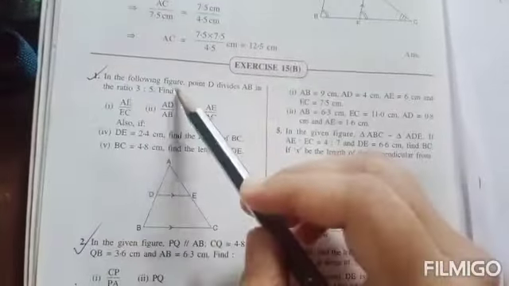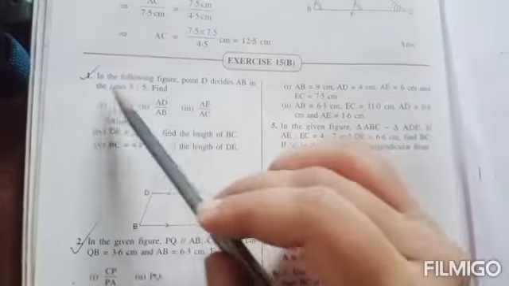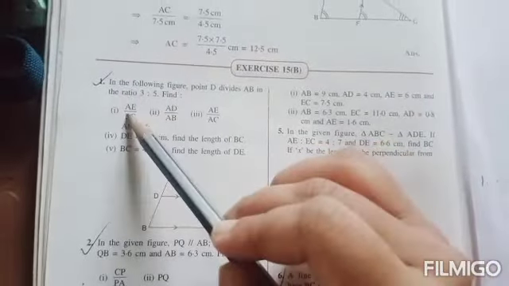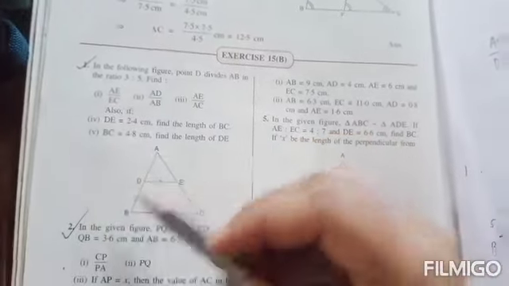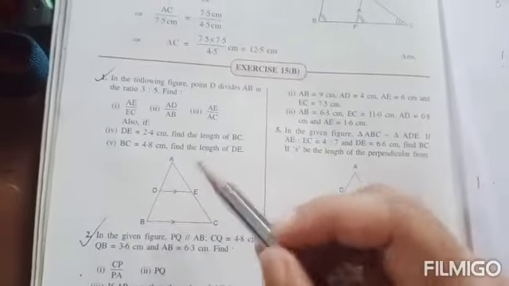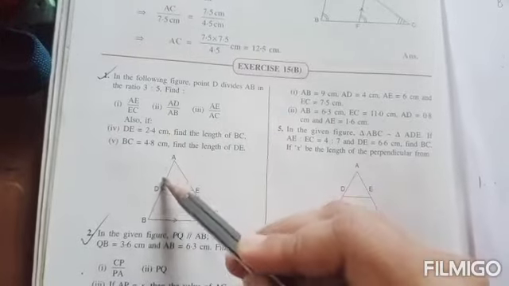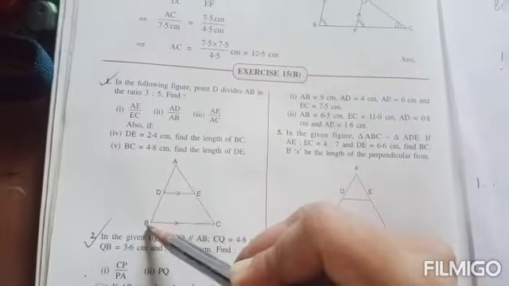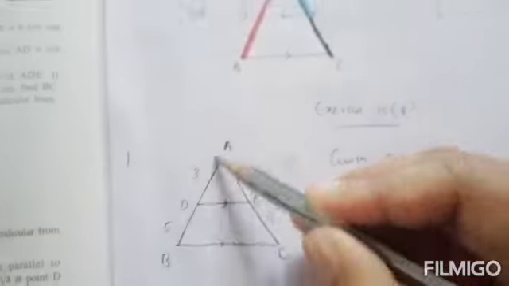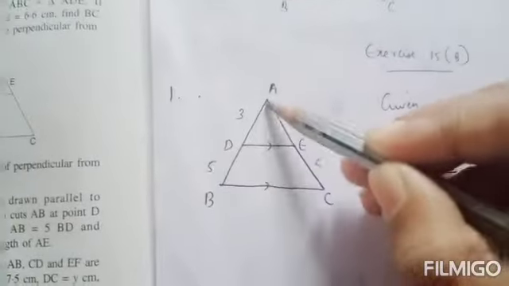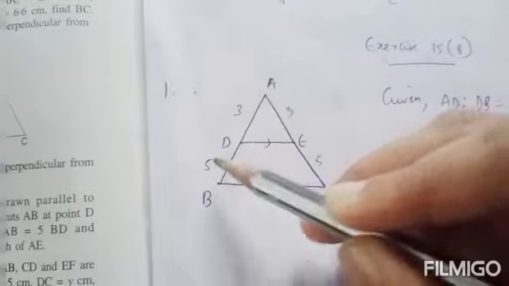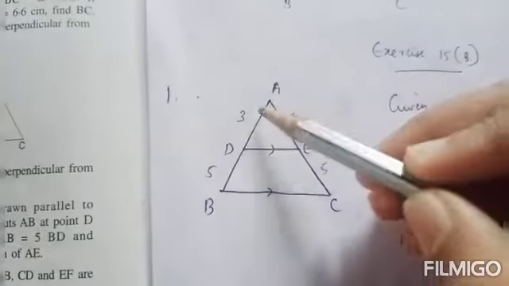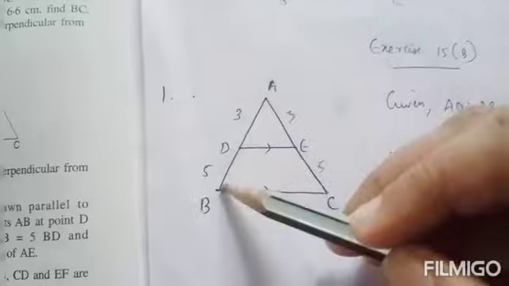Now exercise 15b, first question. In the following figure, point D divides AB in the ratio 3:5. Find first AE by EC. This is the diagram. Point D divides the line AB in the ratio 3:5, so we can write AD equal to 3 and BD equal to 5, then their ratio will be 3:5.